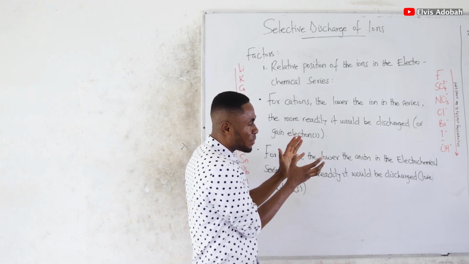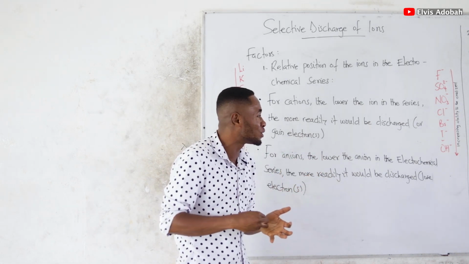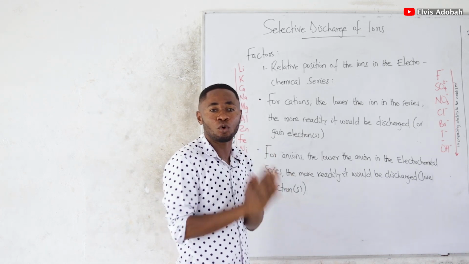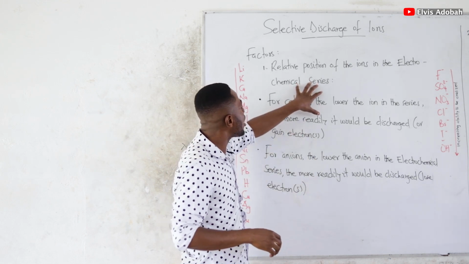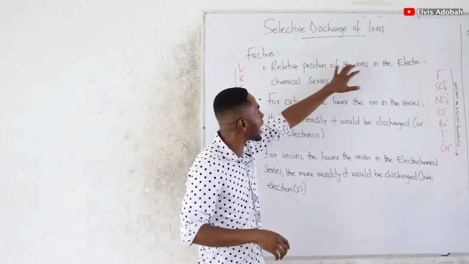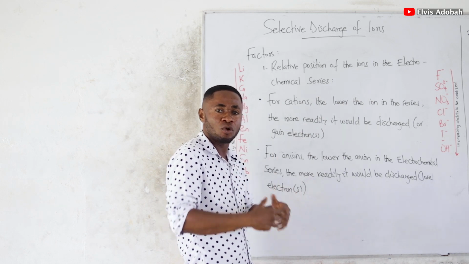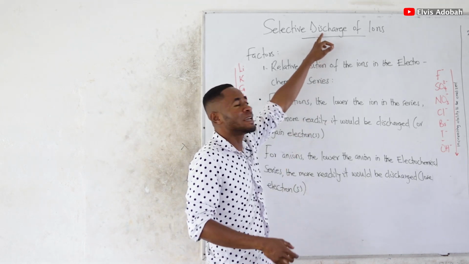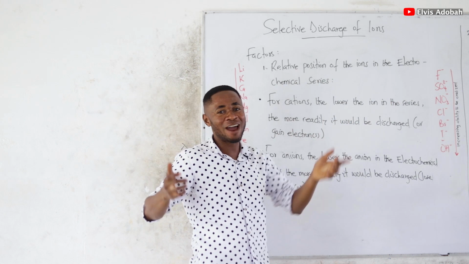Per the electrochemical series, the hydroxide ions will have to lose electrons. Then the chloride ions will have to what? Sit there and watch. That is how the relative position of the ions in the electrochemical series affects which of the ions will be selected to be discharged at both the cathode and at the anode.